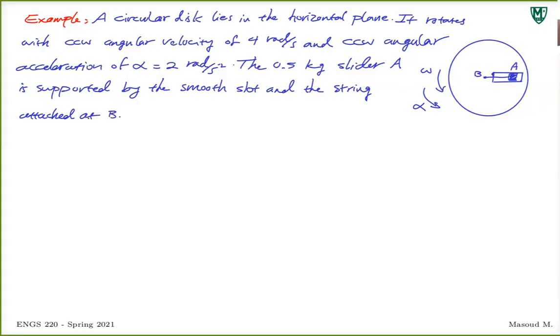Now, what we are trying to find is the tension in the string and also the magnitude of the horizontal force exerted on the slider by the slot.